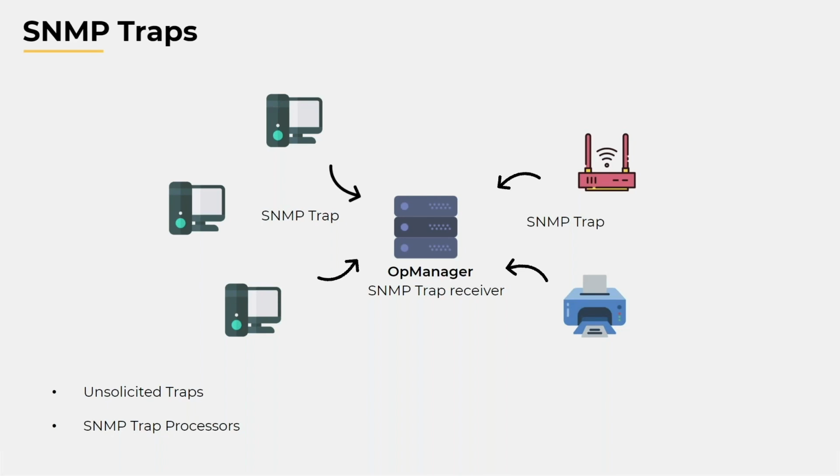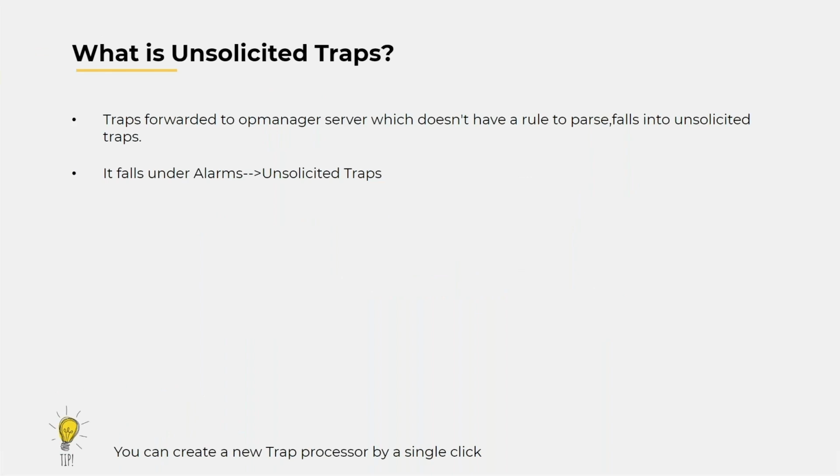Once we get the information in OpManager solution, we will process that trap into meaningful information and show it to the user. And depending on what trap you have received, there are options where you can alert the end user.